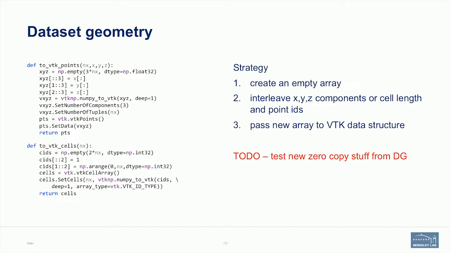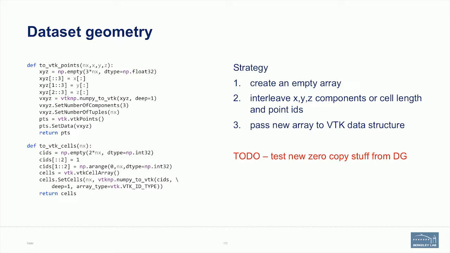With cells, again, VTK polydata only supports points, triangles, strips, and lines. So here we have points. So this is an example of how to make point cells for polydata. I start out with an empty array 2 times the length of my number of bodies, number of particles. The reason that it's 2 is because the VTK cell array has a length of the cell and then the number of indices for each cell.